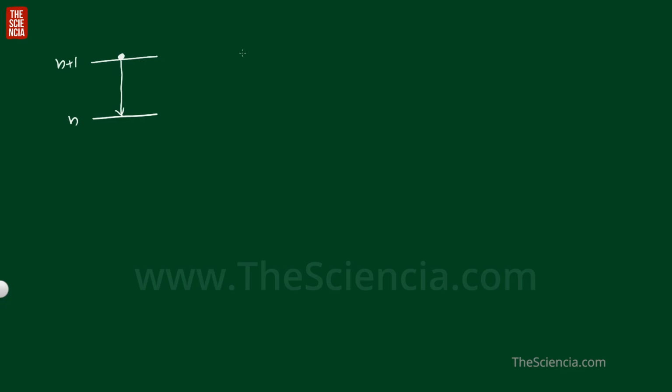We know the expression for energy, that is En equal to n square into E1. So this emitted photon will have an energy equal to En plus 1 minus En, right? What is En plus 1? That is n plus 1 all square into E1, minus, what is En? n square E1.